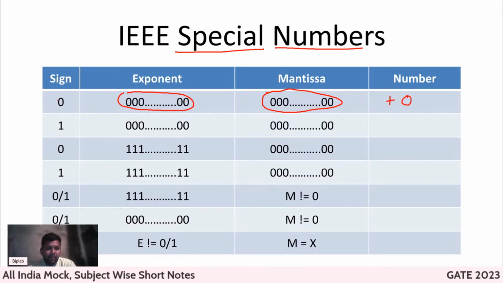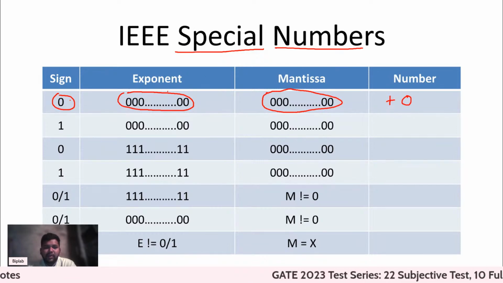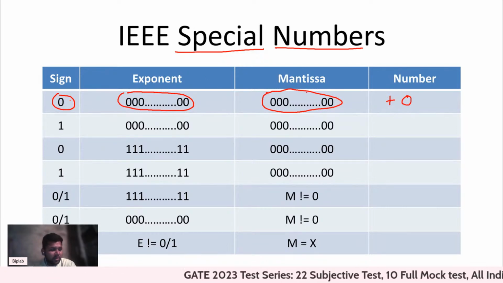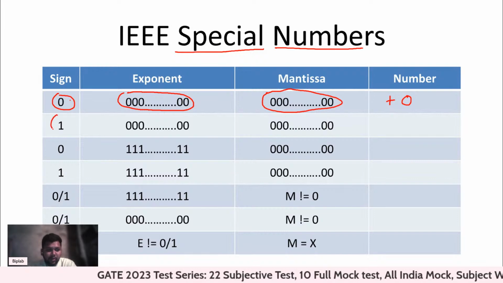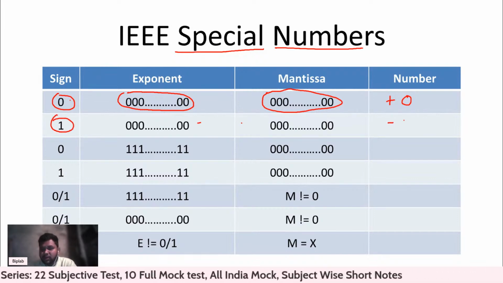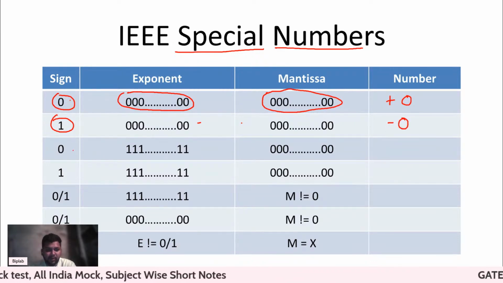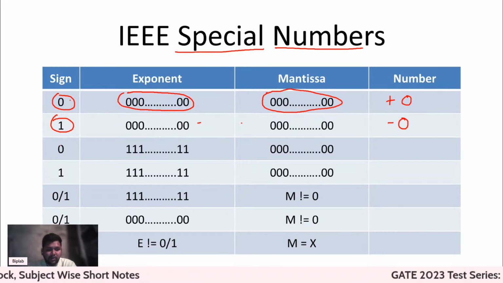When the sign is 1 and mantissa and exponent are both 0, you consider this as minus 0. These are special numbers that are already defined, so you will not find any logic here.